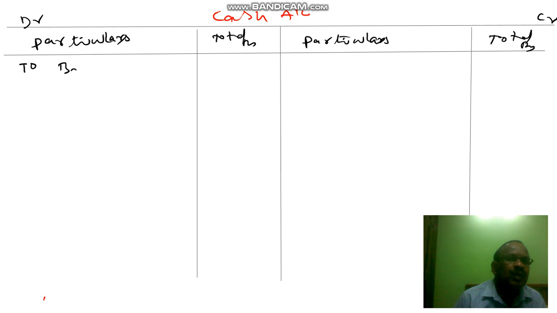On the balance sheet the cash amount is 5,000, so we take that amount as the balance.